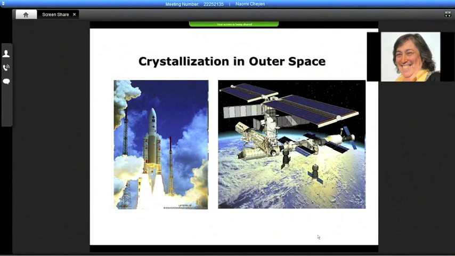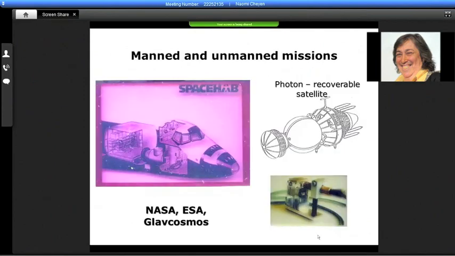Now, one thing I cannot give a crystallization presentation without mentioning is crystallization in outer space. Of course, this is a very controversial subject, and people have been debating about it for a long time. But for me, I was lucky. I had possibilities. If they had given me a postdoc in my lab instead, of course I would have taken it.